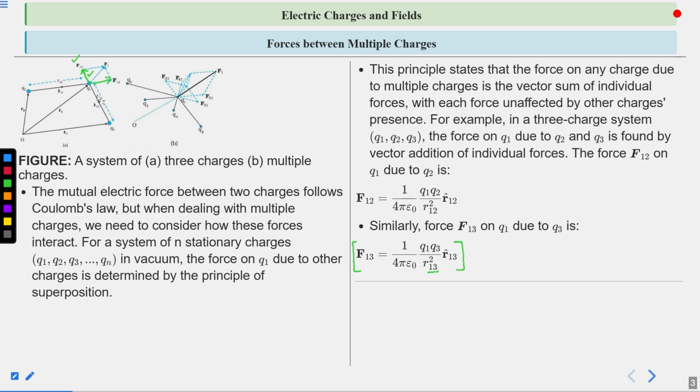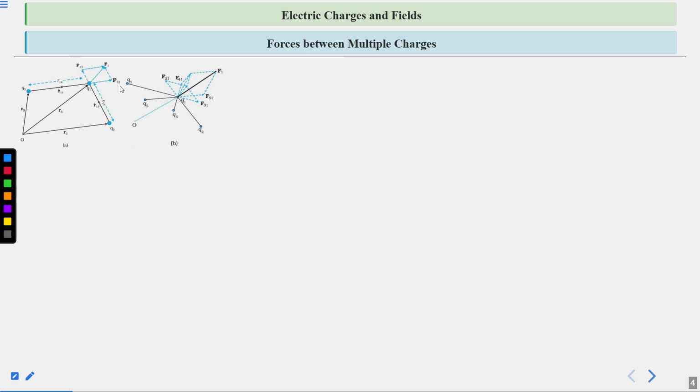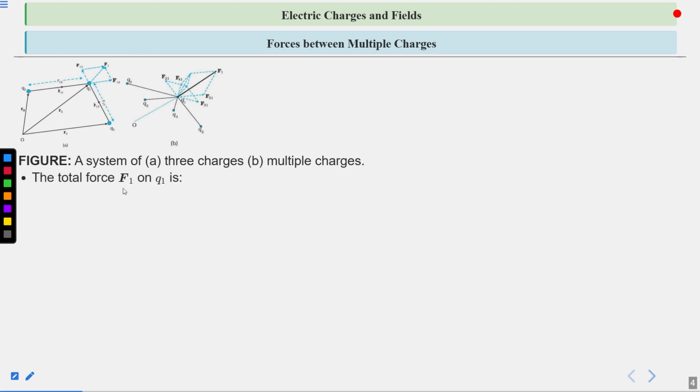Now what will be the net force on the charge Q1? Here the net force on charge Q1 is F1. F1 is the net force, the vector sum of individual forces on a single charge. So for a system of three charges, the total force F1 on charge Q1 is the vector sum of individual forces: F1 is equal to force on charge first due to second plus force on charge first due to third.